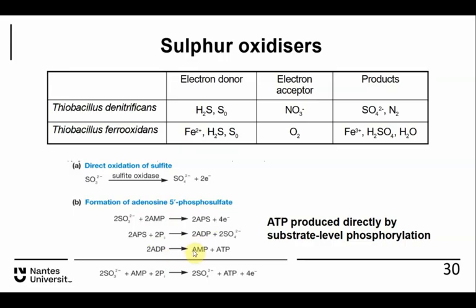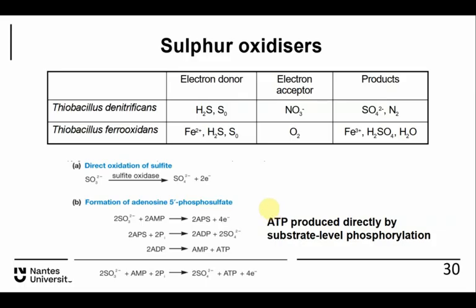Then combining them gives you 1 molecule of AMP and 1 molecule of ATP, so some ATP is produced directly. And then, of course, the electrons go off into the electron transport chain, are pushed off onto the electron acceptor, and then can generate a proton motive force.